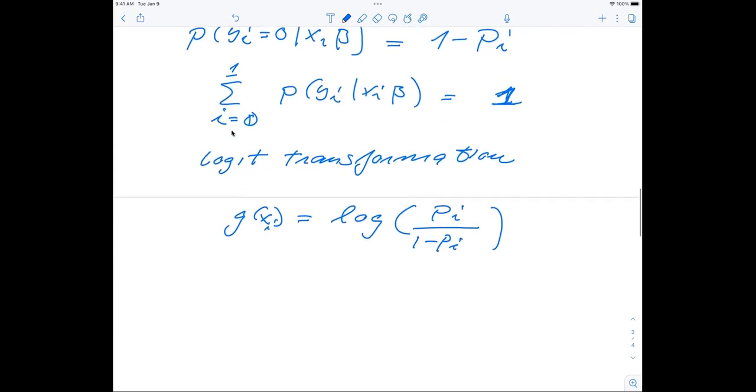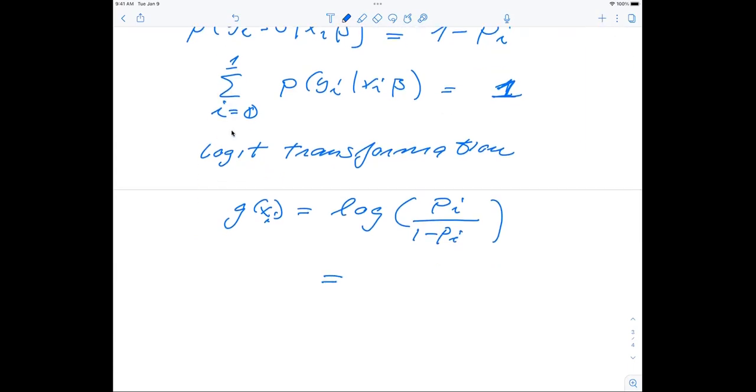And if you do the math then, take the ratio between these two probabilities, what you get is beta 0 plus beta 1 multiplied with x of i. So there you are back to the kind of linear representation which we had in linear regression.